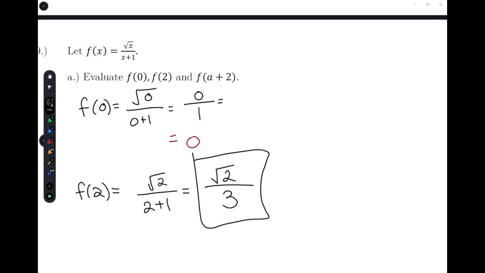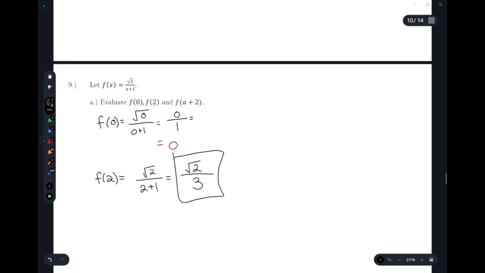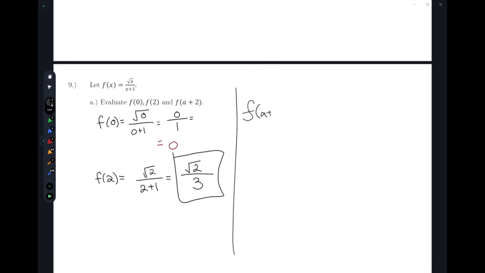Better not stop ever, because that's not root 2. That's an approximation of root 2 to the hundredth decimal. Now, this is the one you were actually asking about: F of A plus 2. What goes under the root? What goes into the bottom X?